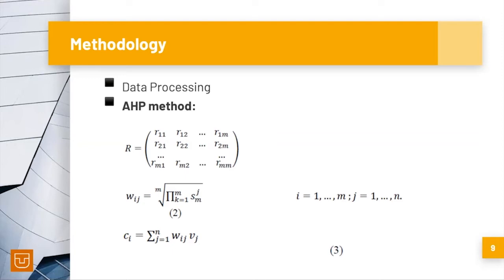The quantities are the relative significance of the criteria arranged in a square matrix of related significance. That means there are some pattern AHP method and steps to achieve a final goal.